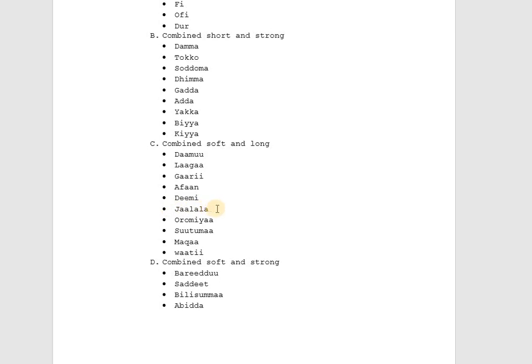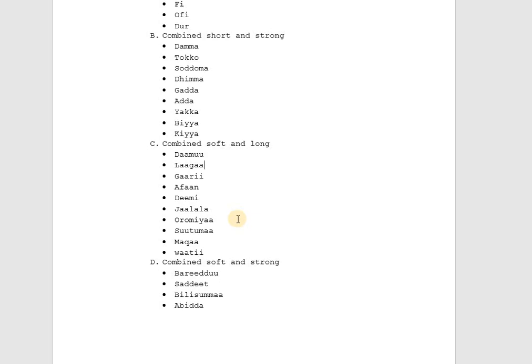Jalala. There is no strong sound here. Which one is long and which one is short? Jalala. If you say ja is long, both la sounds are short. Jalala.